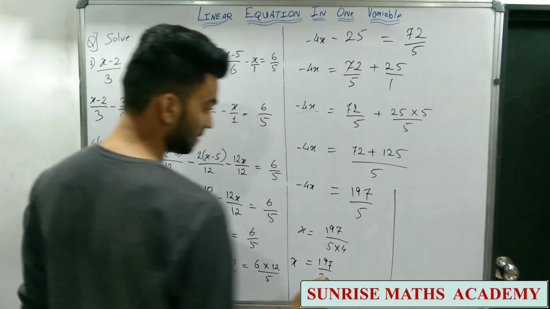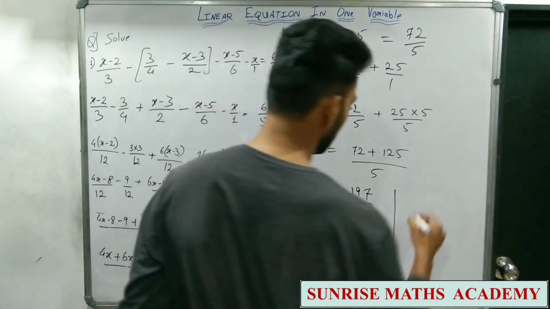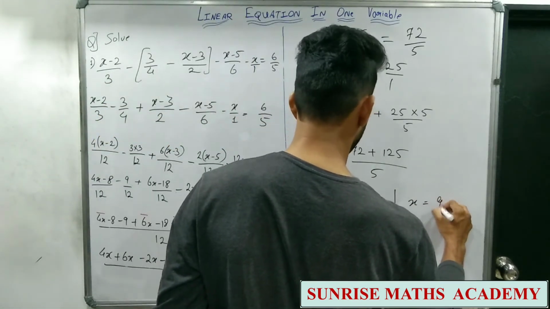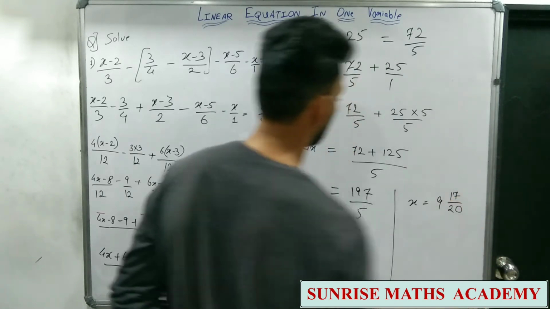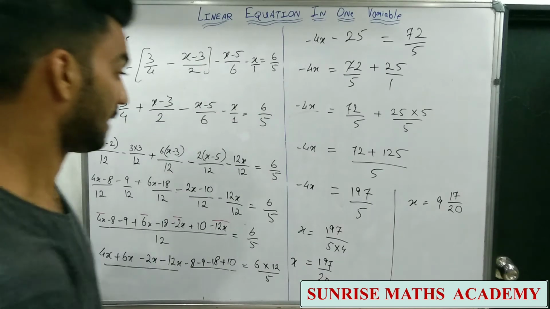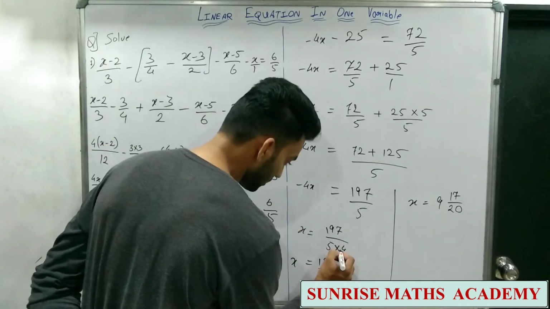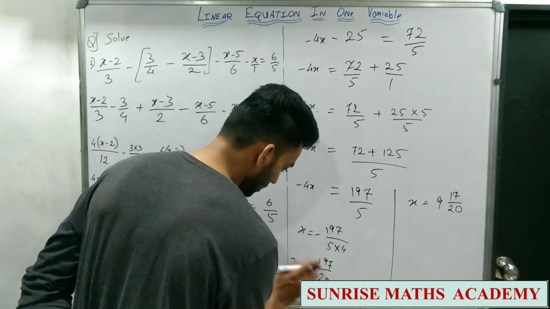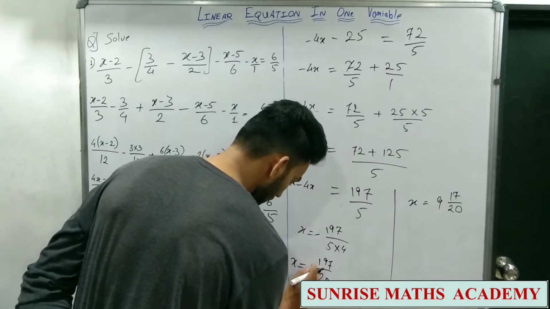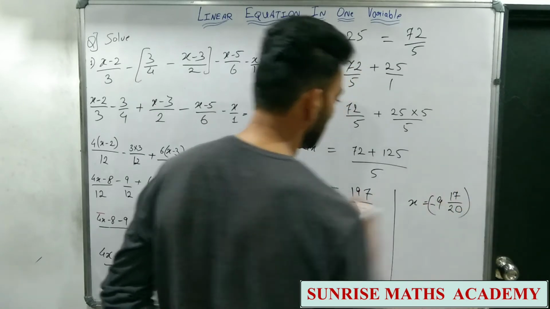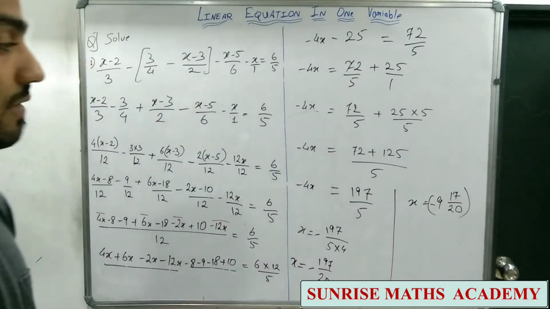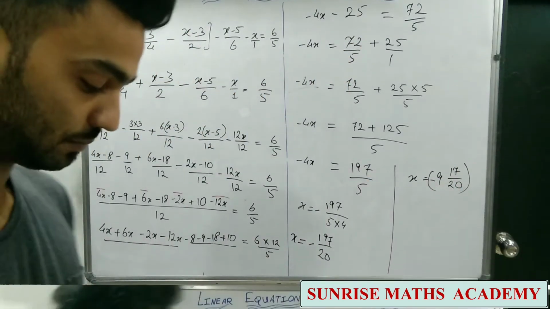If you write it as a mixed number, x equals to 9 integer 17 upon 20. And sorry, this is a minus sign, so this minus sign will be given here because it is minus 4 brought to this side. So it will be minus 9 integer 17 upon 20.